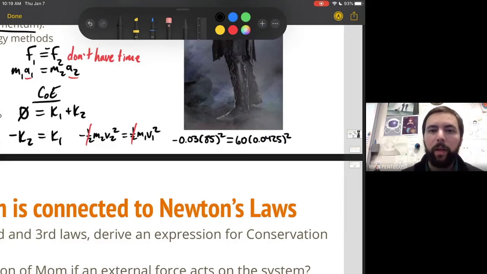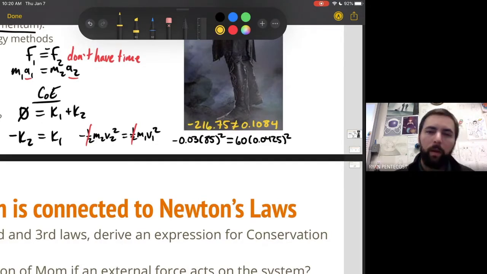Now, just looking at that, we can see that that's probably not going to be equal. And if you put that in your calculator, you get negative 216.75 for the left and 0.1084 for the right. Obviously, those do not equal each other.